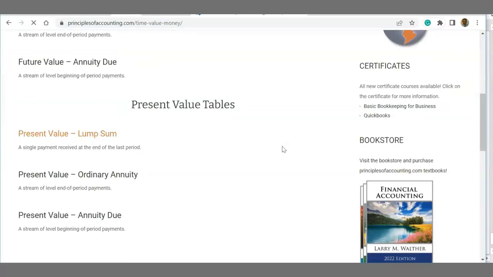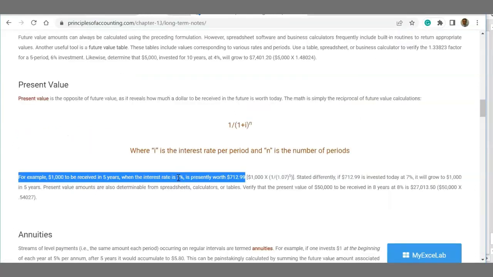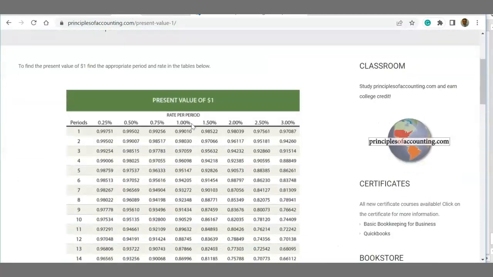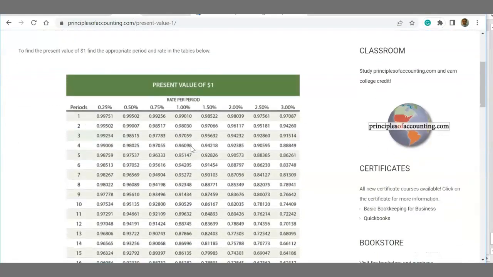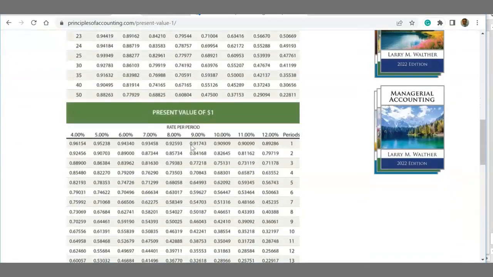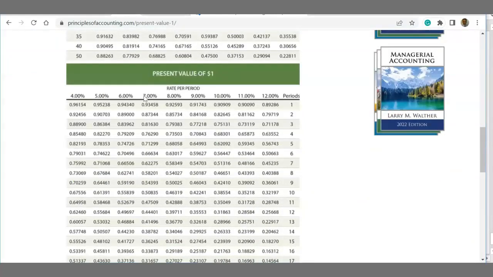Lump sum. And here I was 7, N 5. Okay. So present value of $1, I 7, N 5.